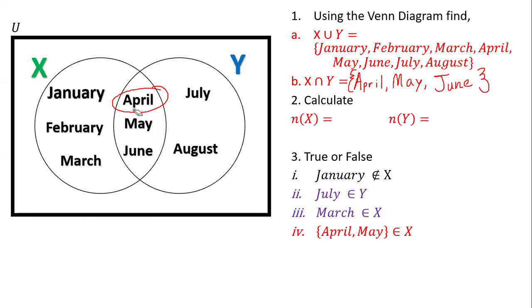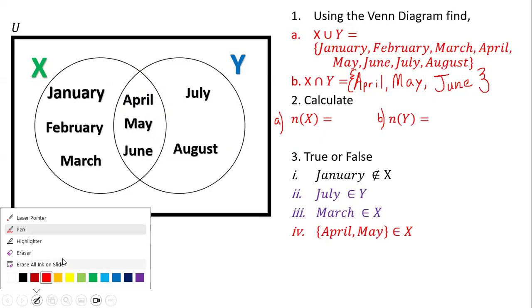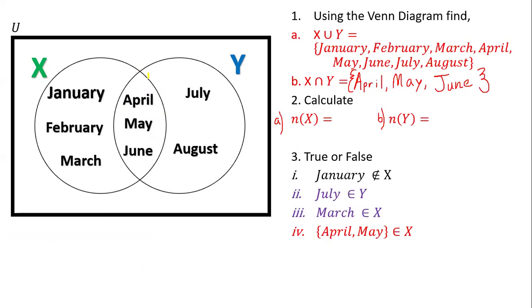Okay, so Kylia, we want to figure out number 2A, the number of elements in X. What's that going to be? 6. Let's count. X is the whole of this set. All of this is X, every last bit.